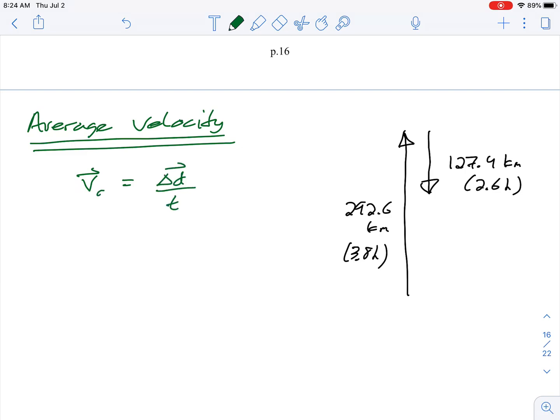It's a vector quantity. And technically, overall total displacement over overall time. So this is kind of our governing equation. But the challenge for this one is to find the overall displacement.